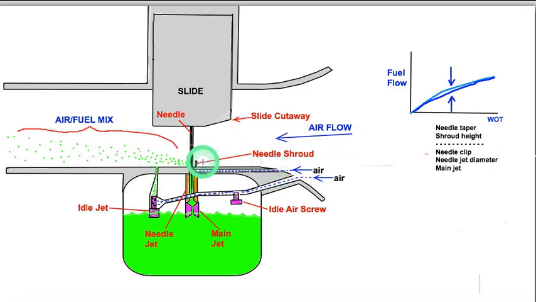So you've got the needle shroud that affects from very low open throttle opening to wide open throttle. And then you've got the needle jet diameter, which also affects that same range, but it's most important right here. And then you've got the needle taper, which also affects all the way up here, but it's most important right here.